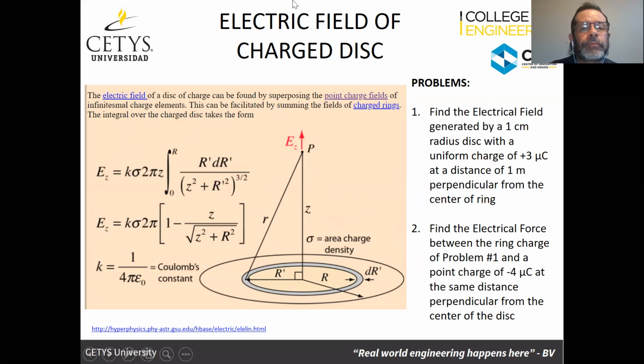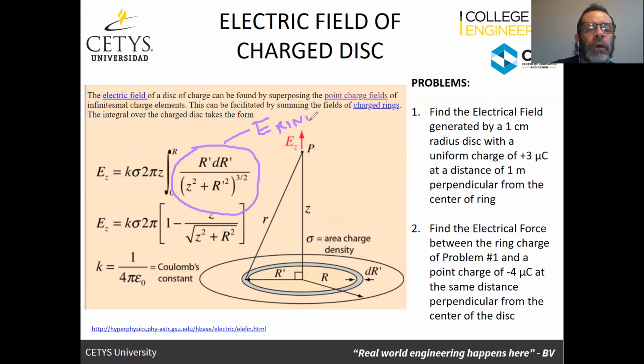And so basically, to be able to find the electrical field of a disk, we are going to grab the electrical field of a ring, and we're going to assume that the disk is comprised by a series of infinitesimal rings.